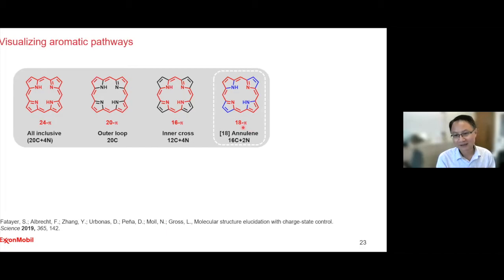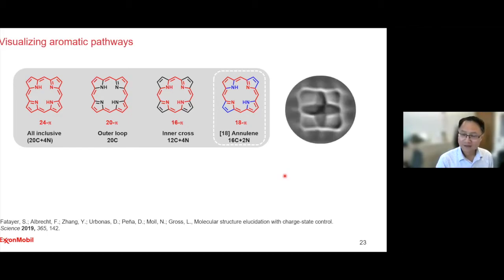It's called an 18-annulene pathway. This is highlighted in red here, but these two double bonds and these two nitrogens are just attached to it. And we used the AFM and see this structure confirms the 18 pathway; indeed, these two corners are different apparently.